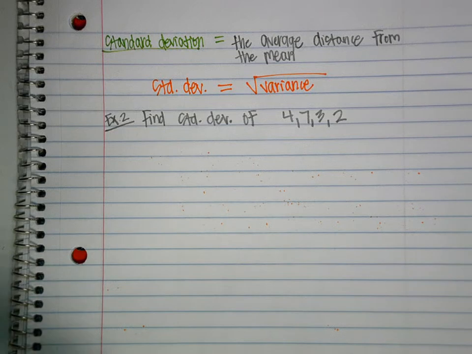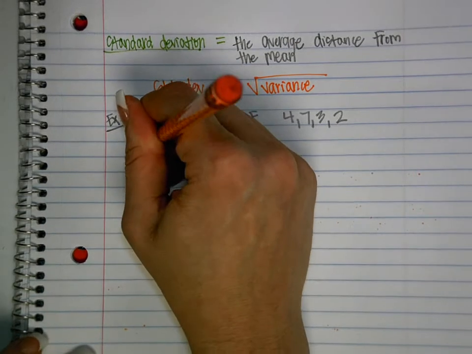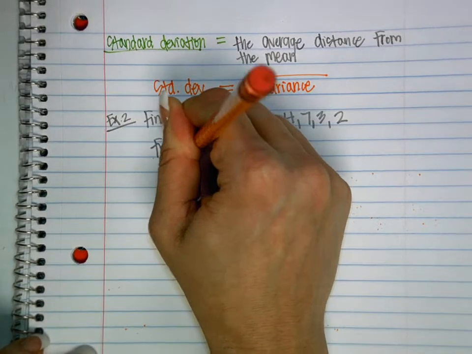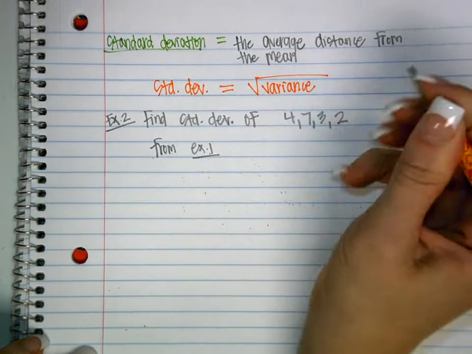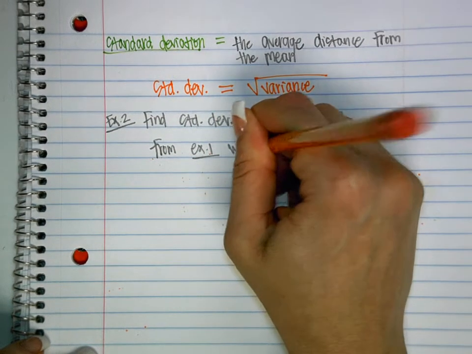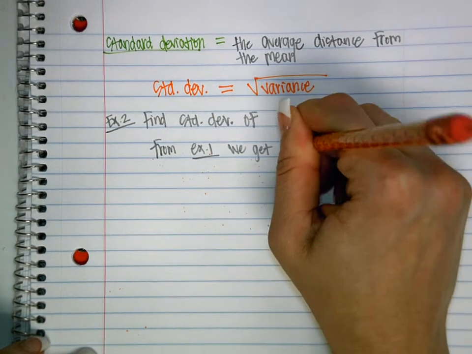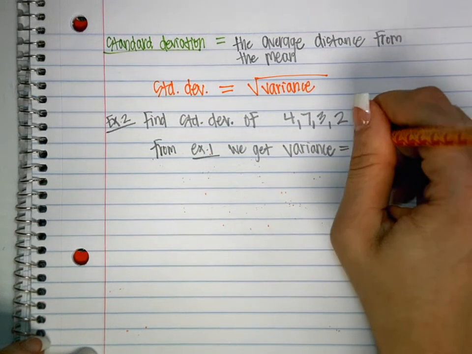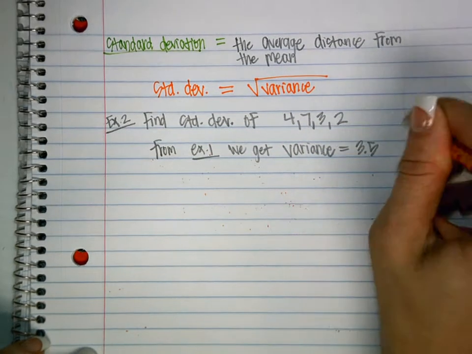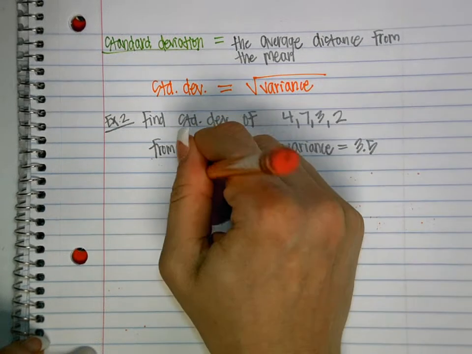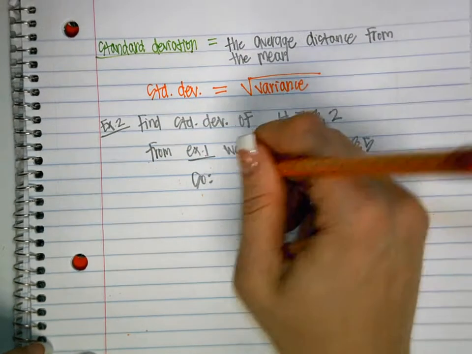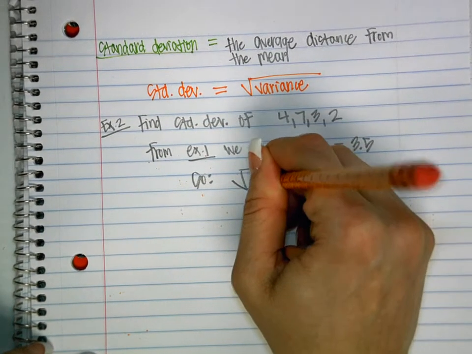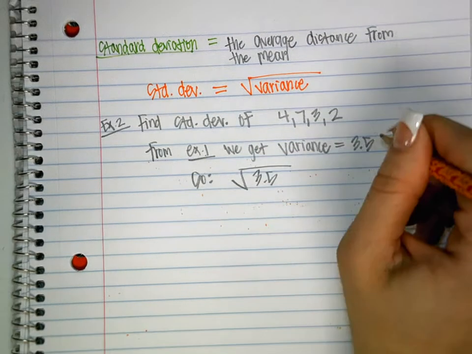Yes. Okay, so you can look back at example 1, where we got that the variance is equal to 3.5. So the standard deviation would be the square root of 3.5.